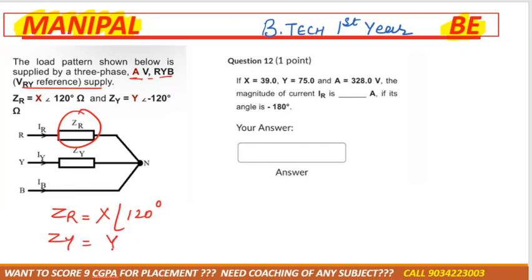ZY they have taken as Y angle minus 50 degree, this one impedance, and ZB they didn't give. Next one, they have mentioned the voltage. Okay, some amount of line voltage they have mentioned, and this is for star connection.